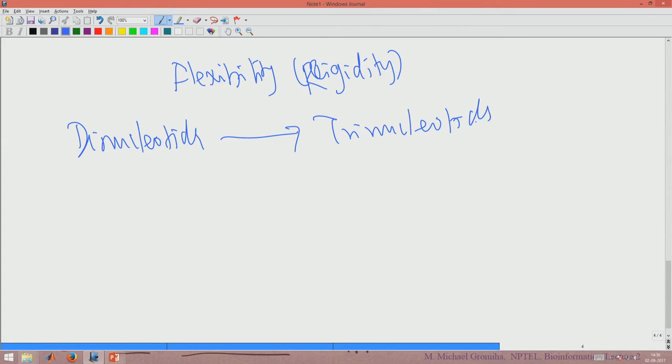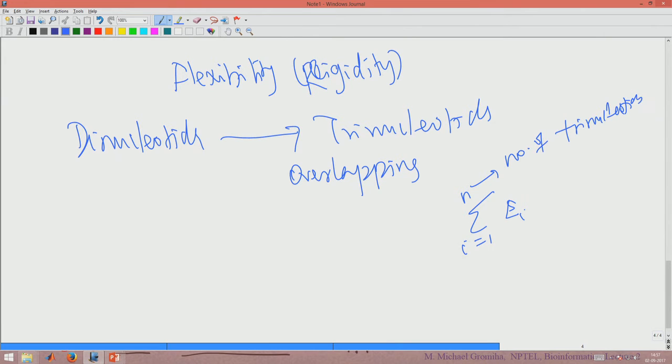So, get the sequence and make it into overlapping trinucleotides, then have the table, assign the values and add the values, sigma E_i, i equal to 1 to n, where n is the number of trinucleotides, and then divide by n minus 2, because for trinucleotides it is n minus 2. You can do the same way and calculate rigidity.